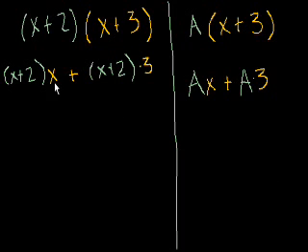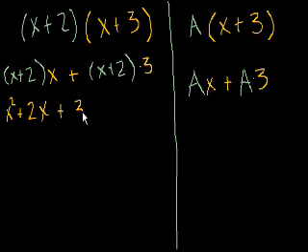We do distribution again with each part of this problem. What is x times x? Well, that's x squared. And then x times 2, well, that's 2x. So we did this left-hand side already. And now we do this right-hand side. What's 3 times x?